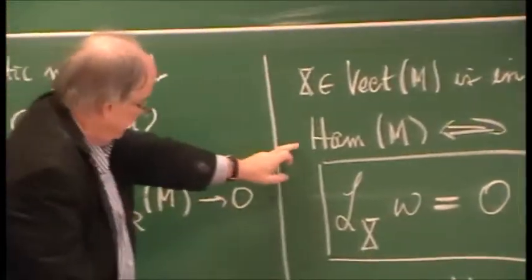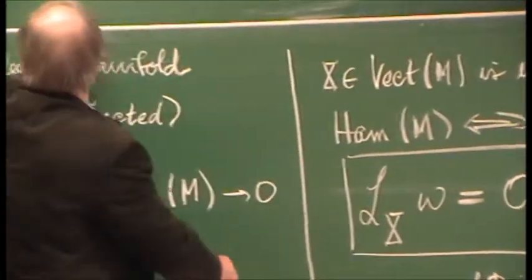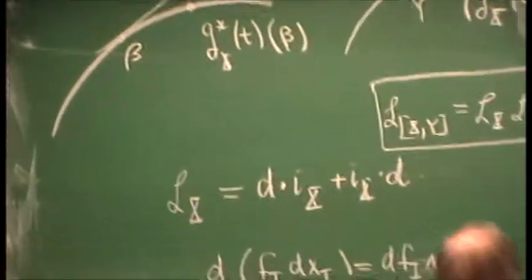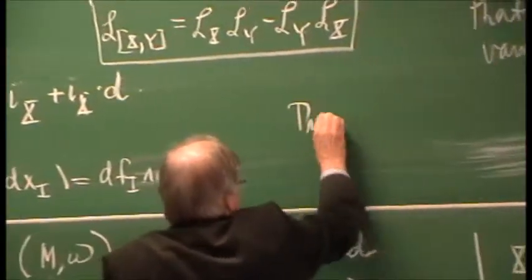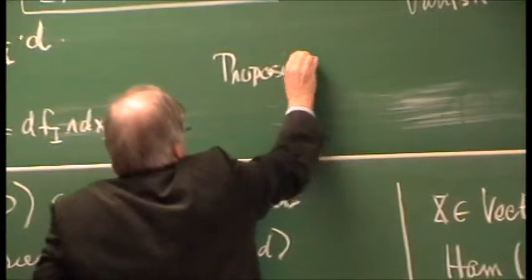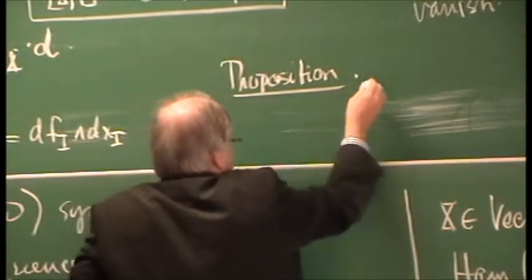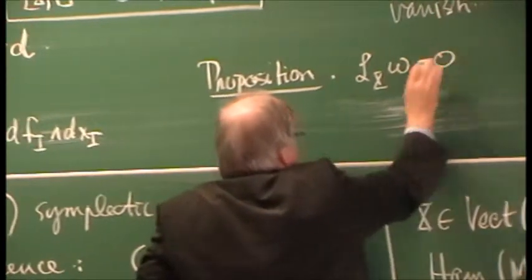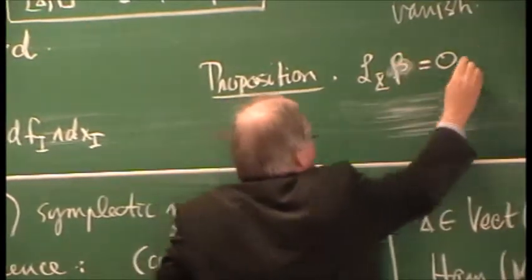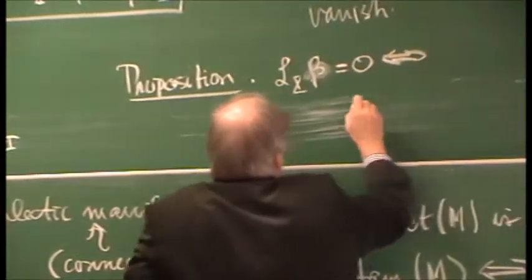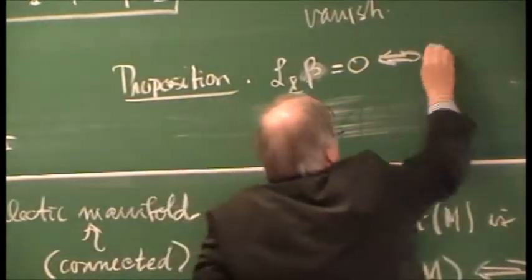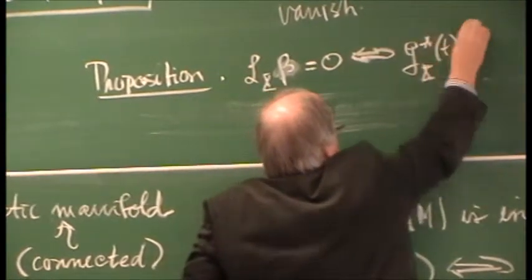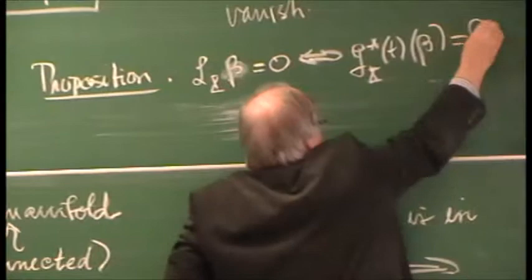So this is the definition, and the definition of the Lie derivative of a form is there, and the little proposition that you can check very easily is that L_X of the form beta equals 0 if and only if g_X star t beta equals beta.